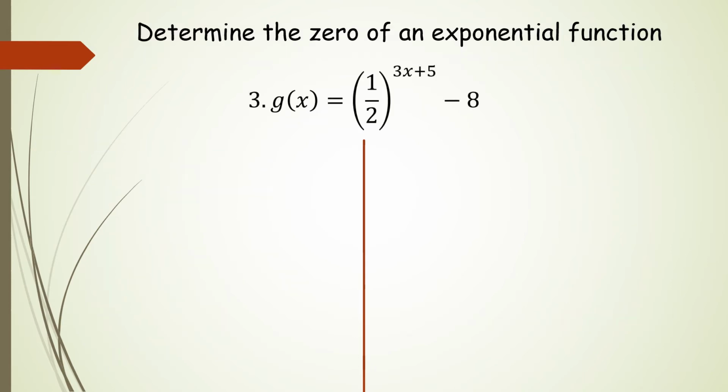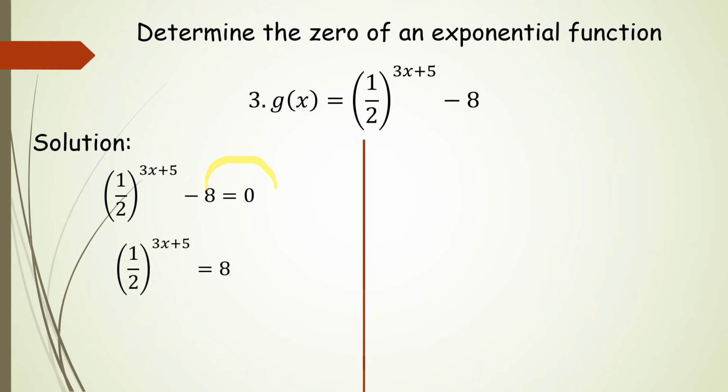Number 3, g of x is equal to 1/2 raised to 3x plus 5 minus 8. Equate lang ulit natin sa 0. So, we have 1/2 raised to 3x plus 5 minus 8 is equal to 0. Lipat yung 8 sa kabila. Since negative, magiging positive.